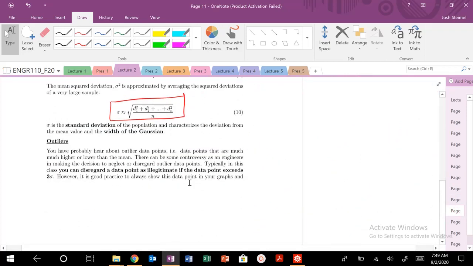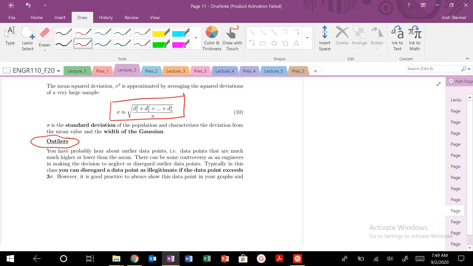Excellent. Outliers. Oftentimes when you're doing research, you'll hear people argue about when a data point is an outlier and when it is a legitimate data point. You'll especially run into this if you work with people with different backgrounds and different disciplines, and unfortunately unscrupulous researchers or unscrupulous industry people as well.